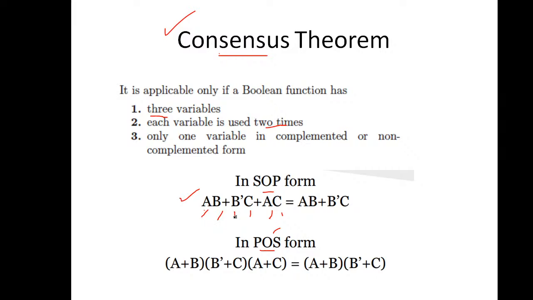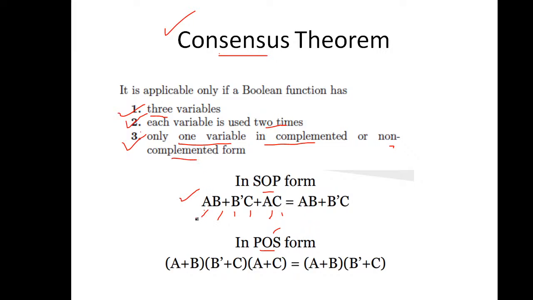Okay, on the left hand side I am concentrating. Third point, the first 2 points are done. Now what is the third point? Only one variable out of the 3 variables will be in the complemented and the non-complemented form. Please note it down.